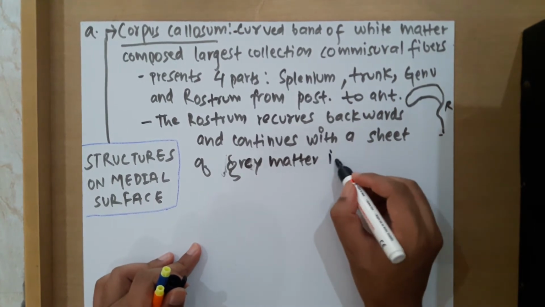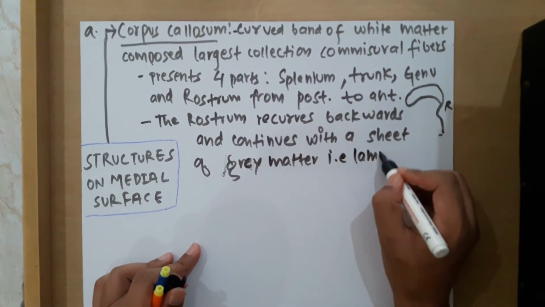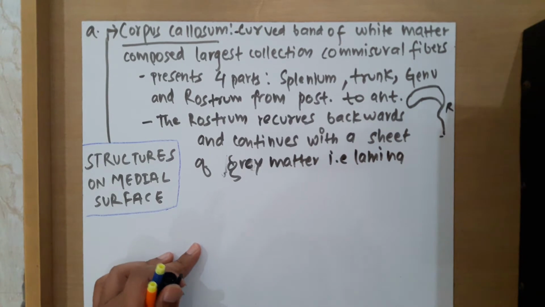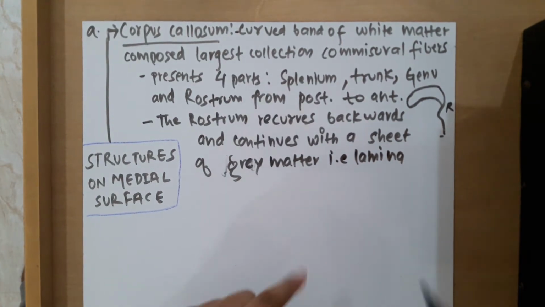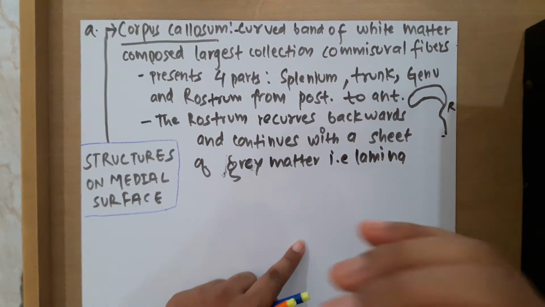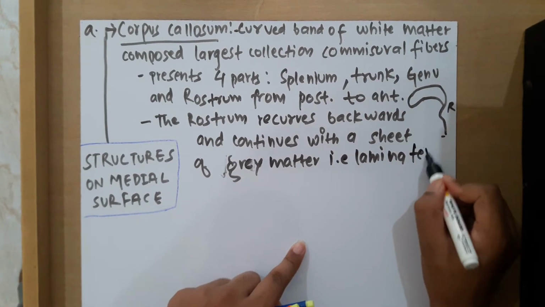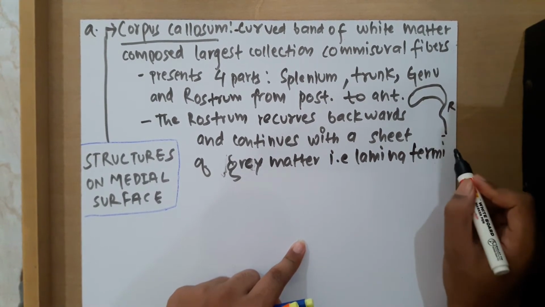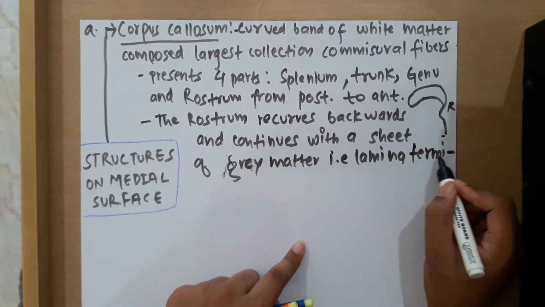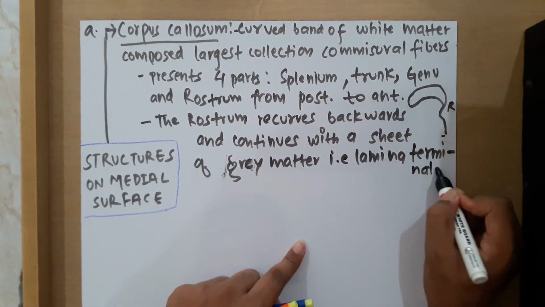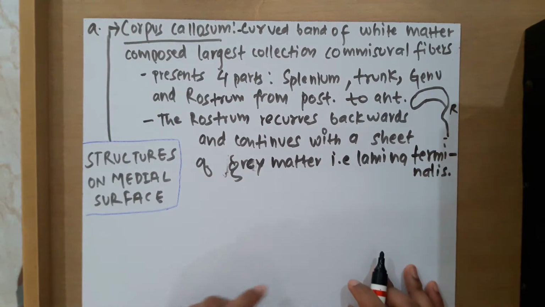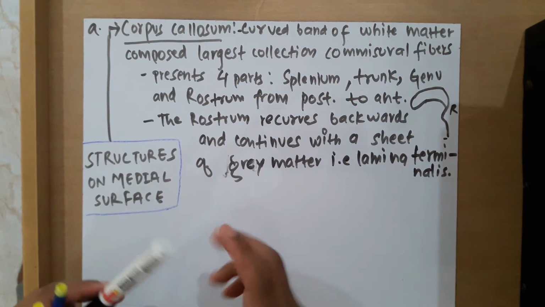that is lamina terminalis. And while discussing the third ventricle, we will find that this lamina terminalis forms the anterior wall of the third ventricle. Okay, lamina terminalis. Let's write about that also.